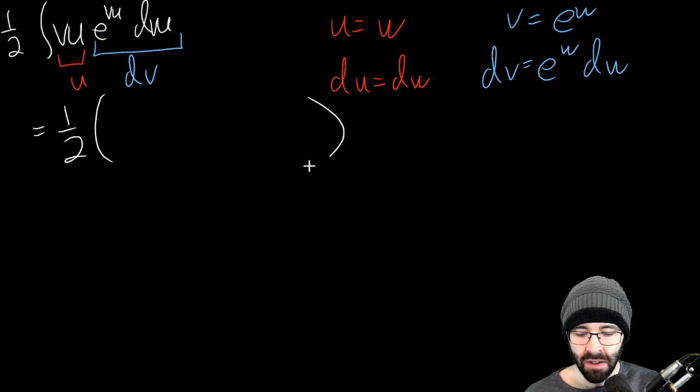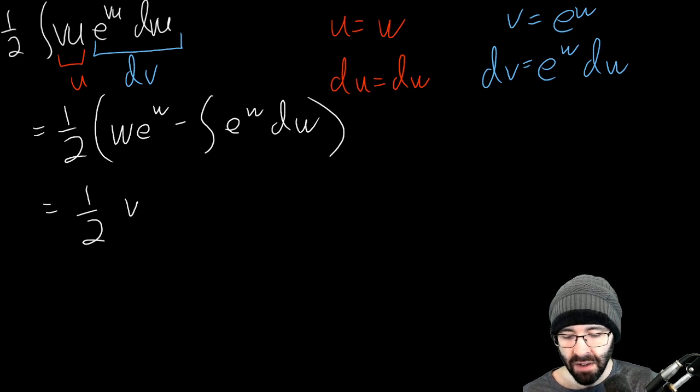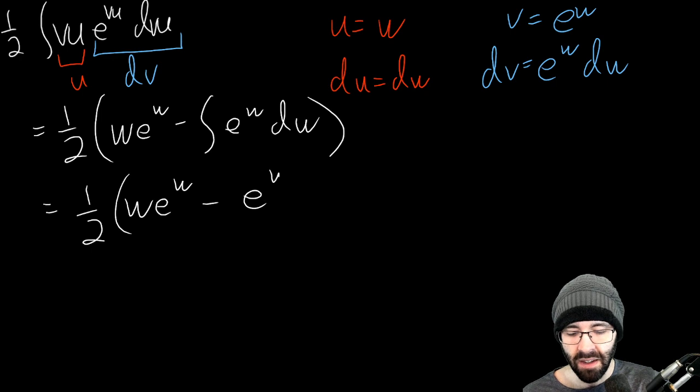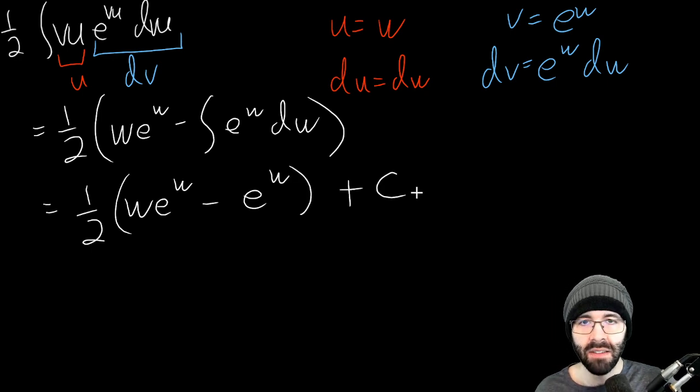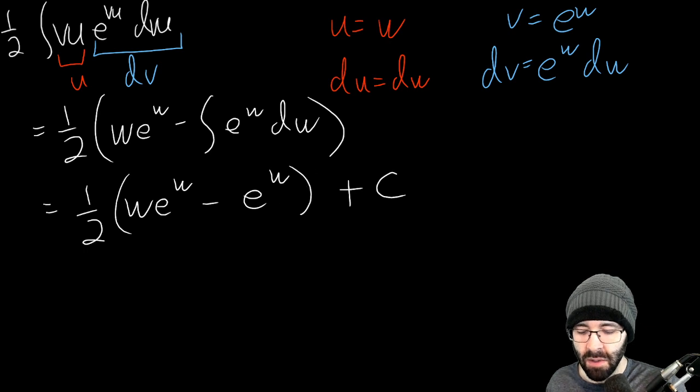We get uv, which is w e to the w, minus the integral of v du, e to the w dw. 1/2 w e to the w minus e to the w plus a constant. Again, technically the constant's in here, but a constant times a constant, it's all good.